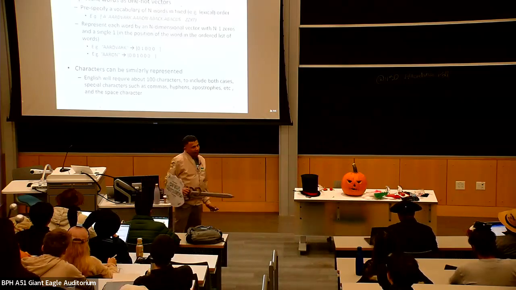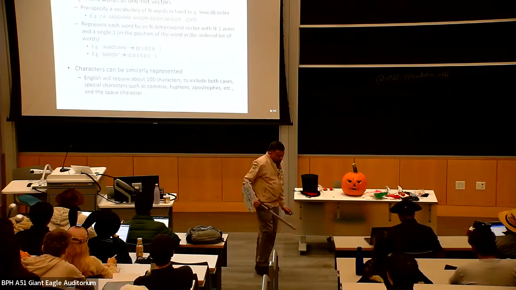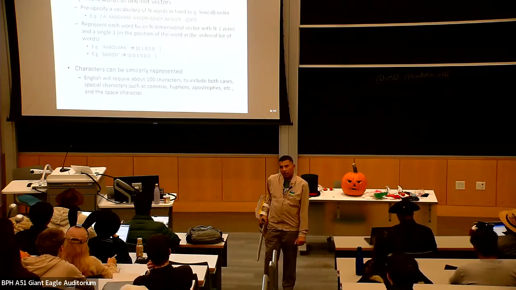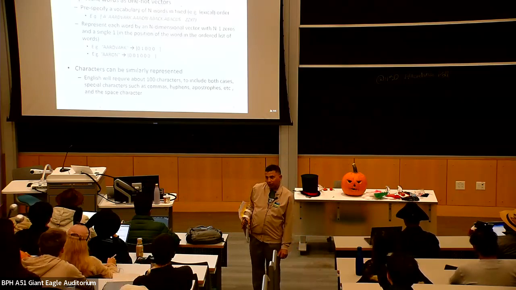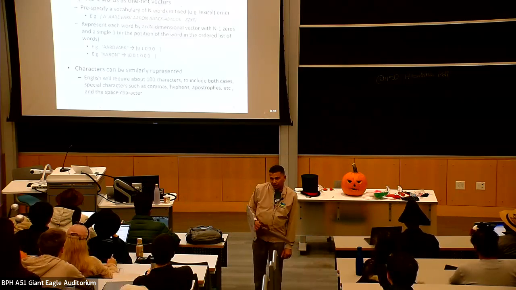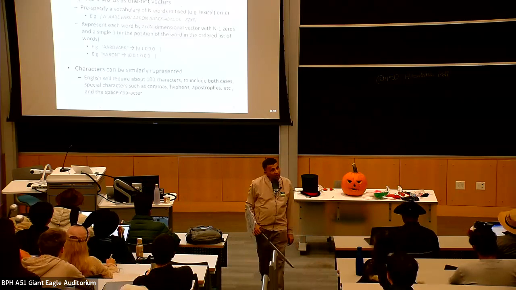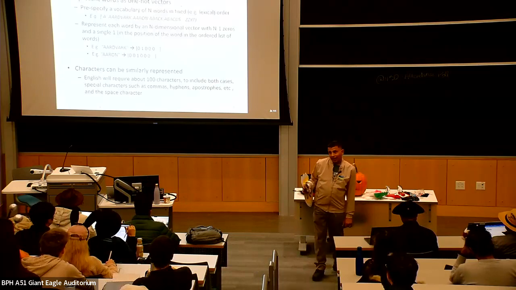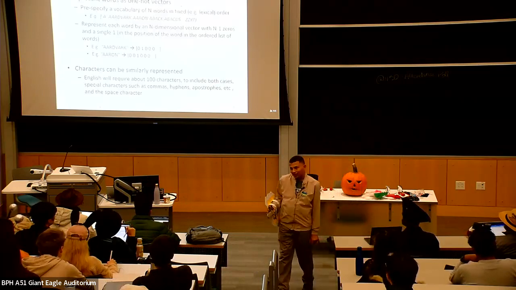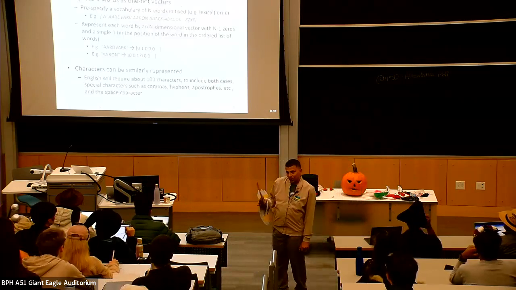You'd have, if you were building a language model for words in Russian, in order to survive in Russian, you need a vocabulary of about 400,000 words. So your one-hot vector is going to be 400,000 dimensional, of which 399,999 are going to be zeros, and one of them is going to be 1.